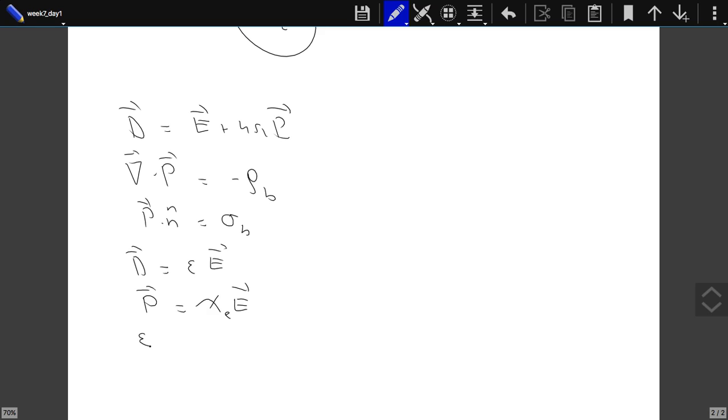In fact, it is a surface charge density. And for linear materials, the displacement field will be proportional to the electric field, and the polarization will be proportional to the electric field also. The relation between the two is the dielectric constant, or the electrical permittivity, which is equal to 1 plus 4 pi times the electrical susceptibility of the material.